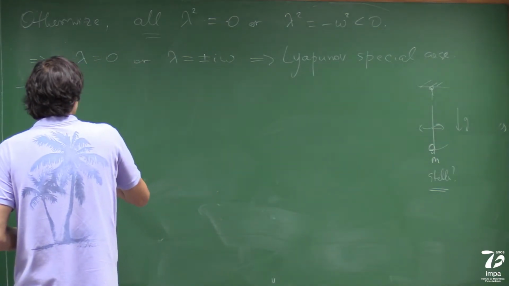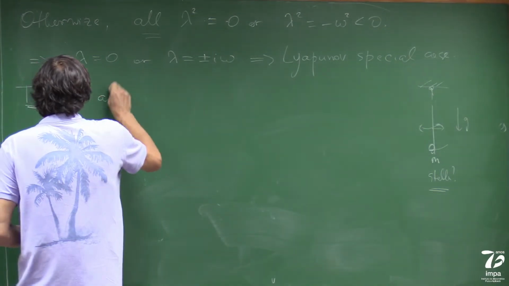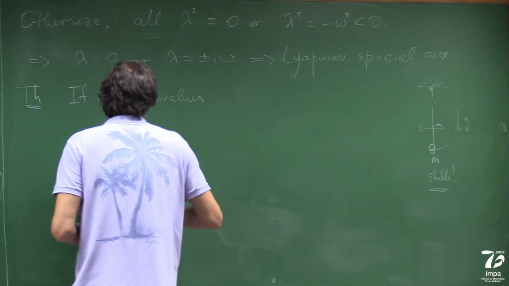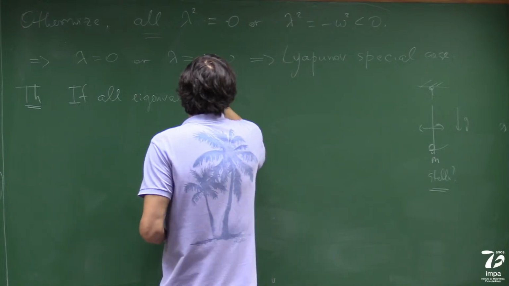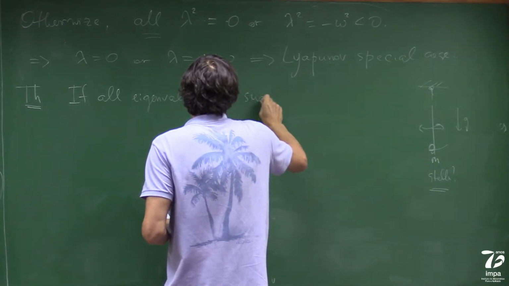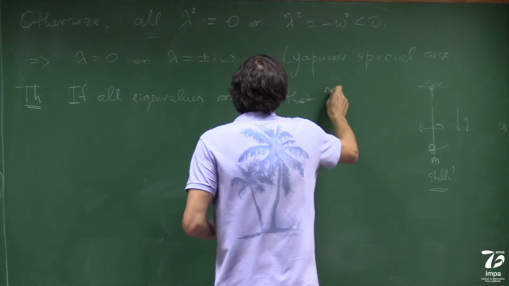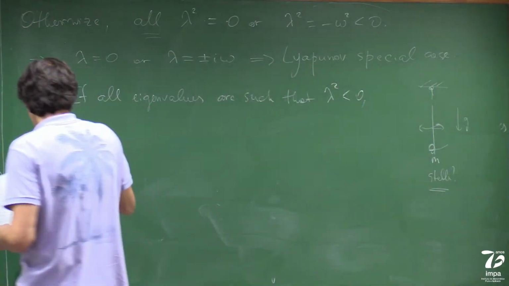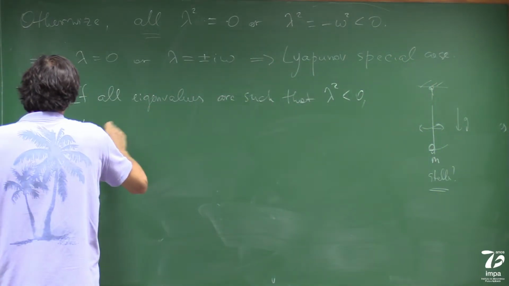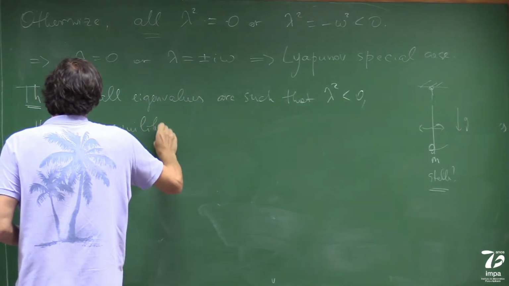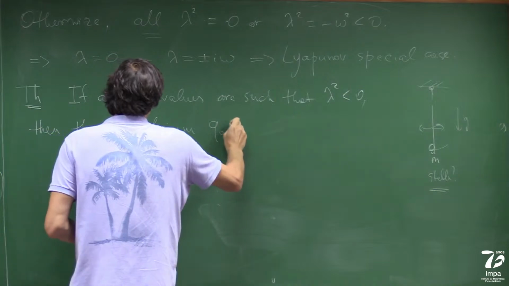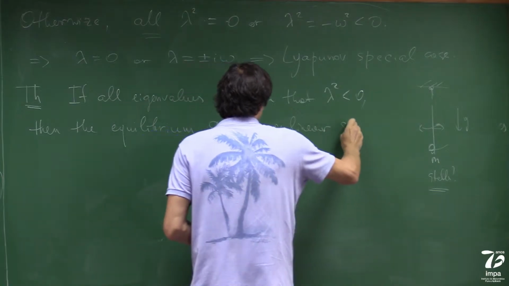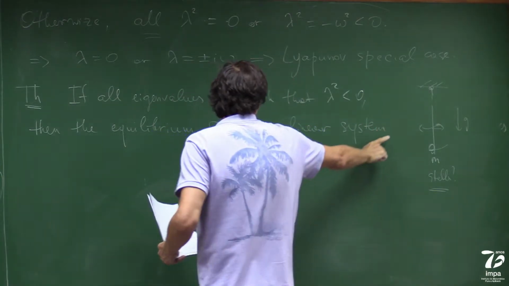And the theorem says: if all eigenvalues are such that their squares are strictly negative, then the equilibrium of the nonlinear system is stable.